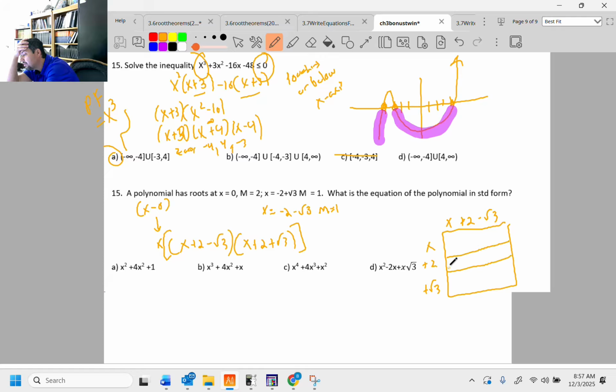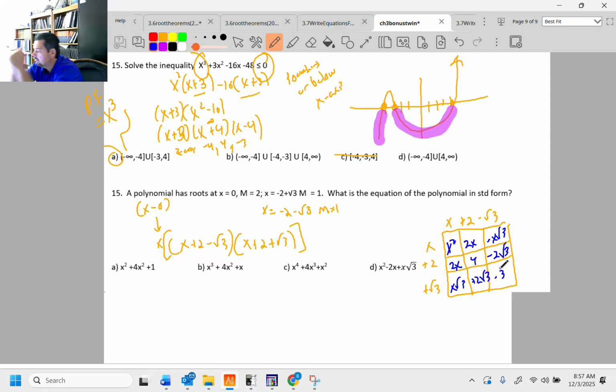My little square is going to have 9 squares in it. X times x is x to the second. X times 2 is 2x, minus x root 3, plus 2x plus 4, minus 2 root 3, plus x root 3, plus 2 root 3, minus 3, because a radical times itself is the number inside.